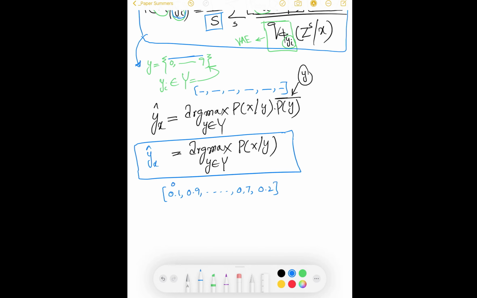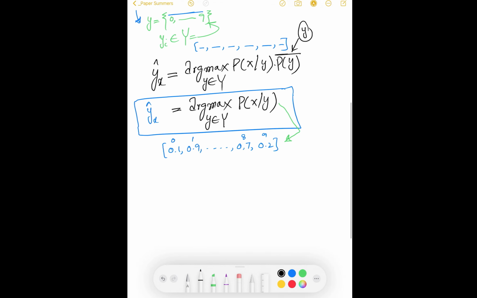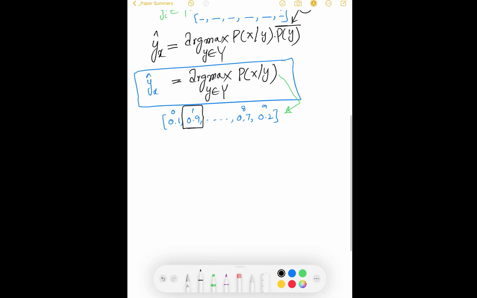This is 0th position, this is 1th, this is 8th, and this is 9th, right? So using argmax, we can see at the first position we have the maximum value. So we can classify the test sample is belonging to class 1. Test sample belonging to class 1.